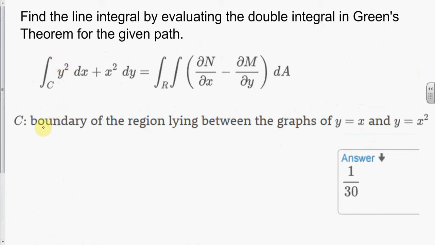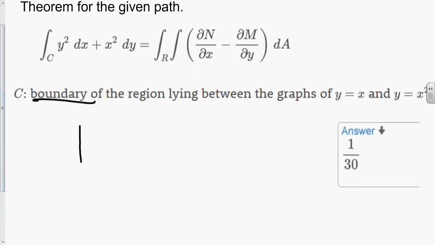So again, we're only concerned about the boundary of the region lying between the graphs of y equal to x and y equal to x squared. So we're looking for what's happening in here. Remember, going back to chapter 14, we take these two equations and set them equal.